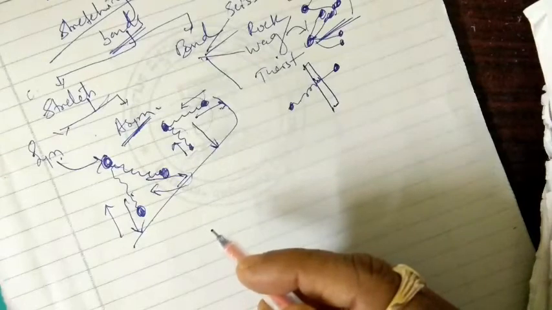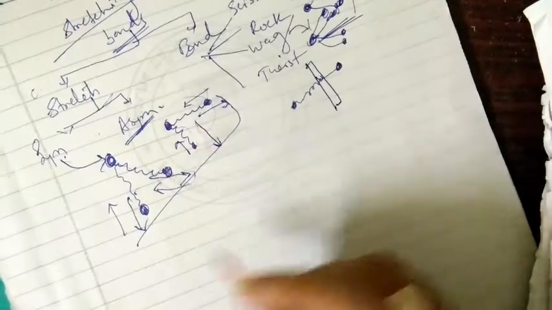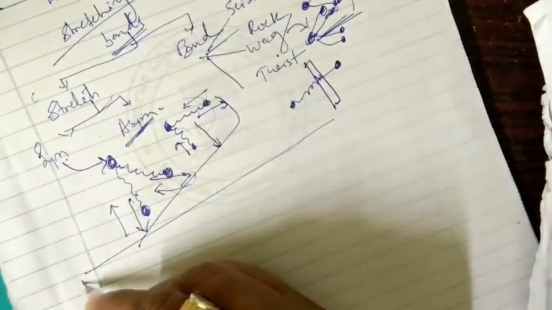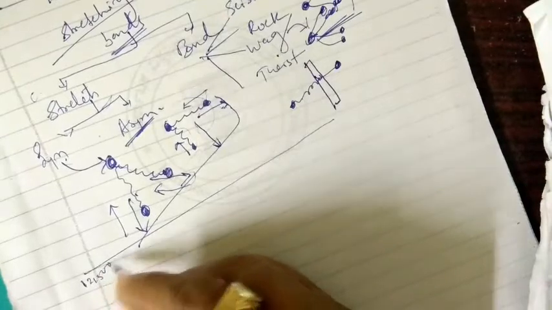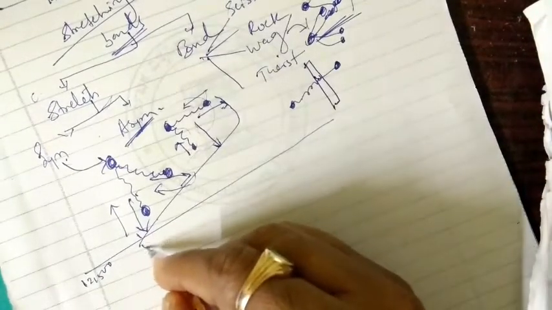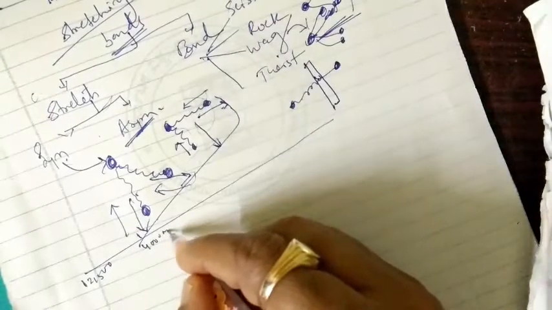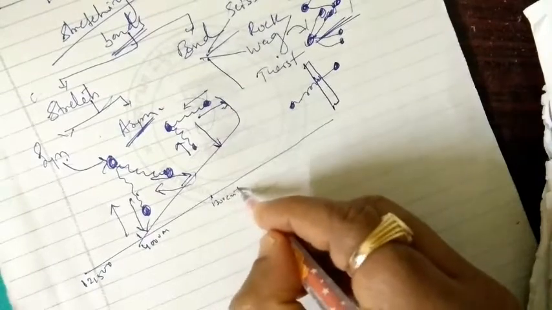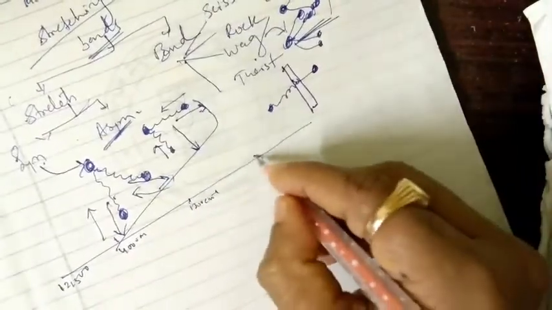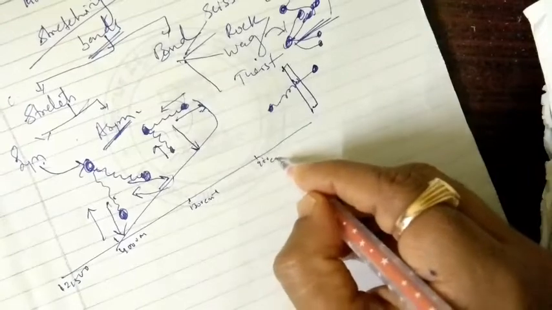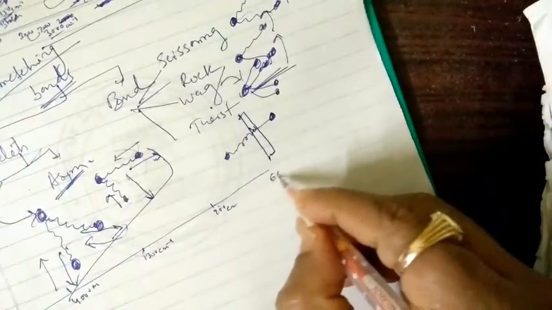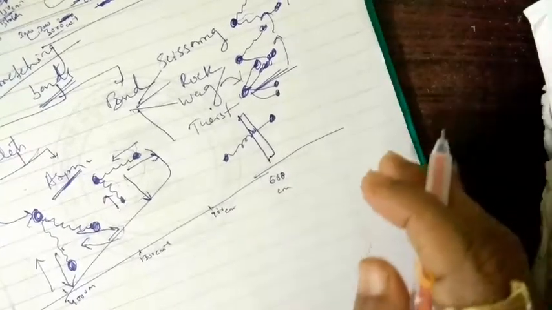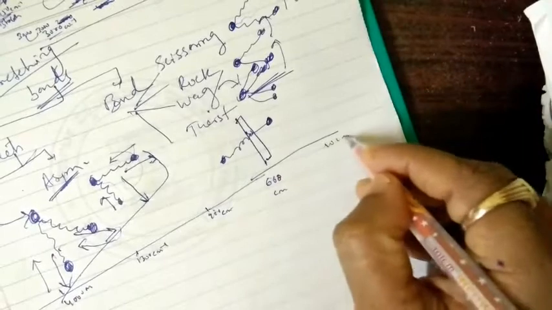Now if you come to the range, as I said, yesterday also we discussed it here. From 12,500 to 4,000, then 1,300 per centimeter, then 900 per centimeter, then coming to 660 per centimeter, it will go down to 10 per centimeter.